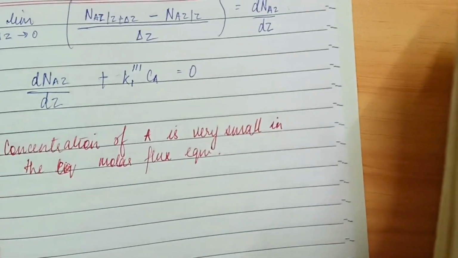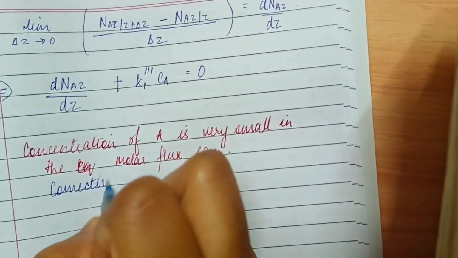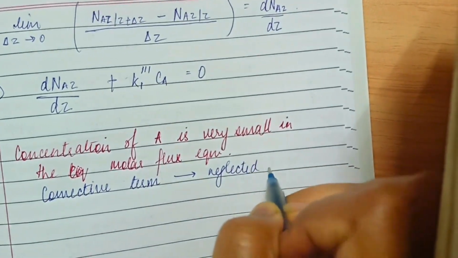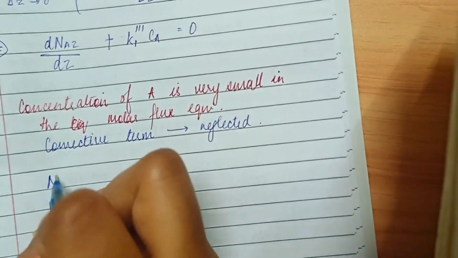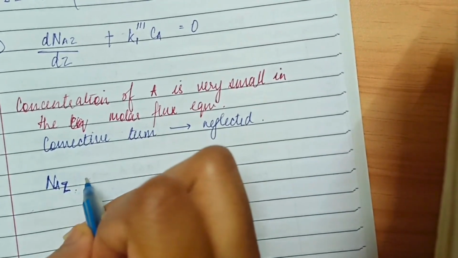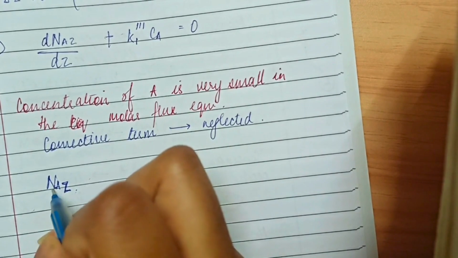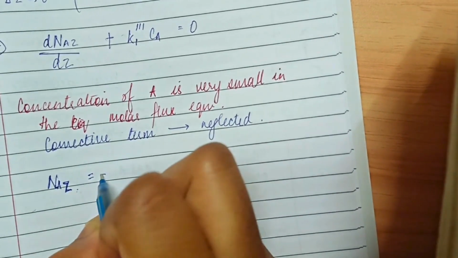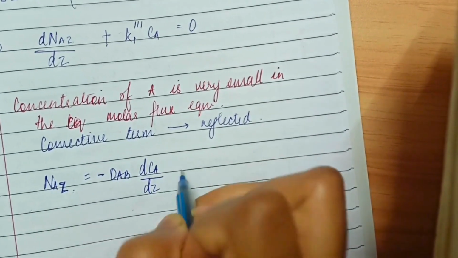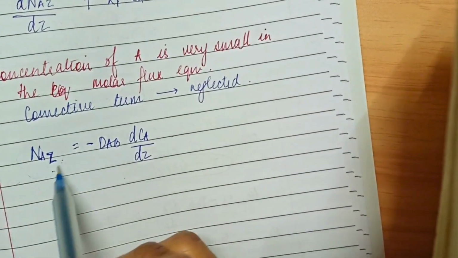So the convective term is neglected and we are left with a molar flux term in the z direction, because we had already assumed that the concentration is varying in the z direction. So we get NAZ is equal to minus DAB dCA by dZ. So now this is the total molar flux.